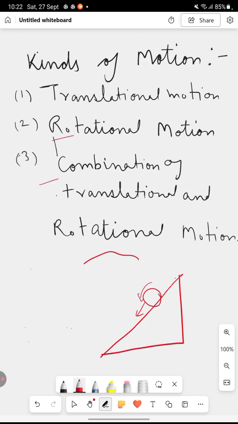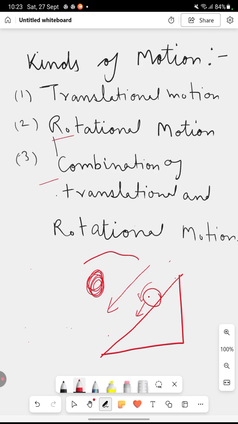From here it will reach here, covering some distance in a single direction, but the wheel is also rotating, due to which it reaches here.